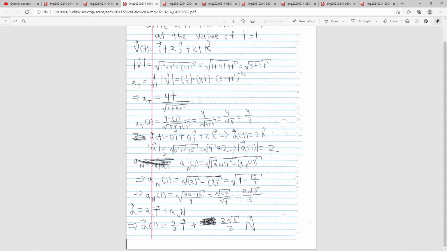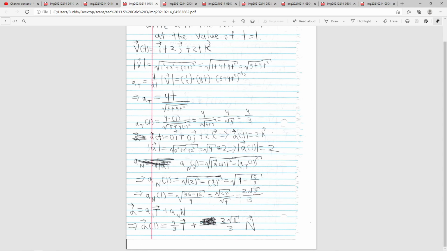The magnitude of that acceleration vector is just the square root of 0 squared plus 0 squared plus 2 squared, so the square root of 4 equals 2. So the magnitude of the acceleration vector at 1 will be equal to 2, because it's going to be 2 no matter what t is.